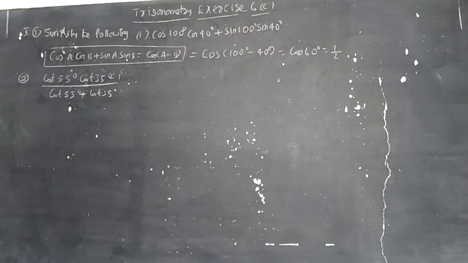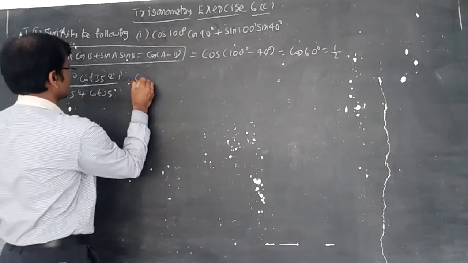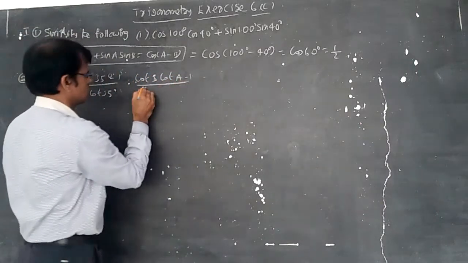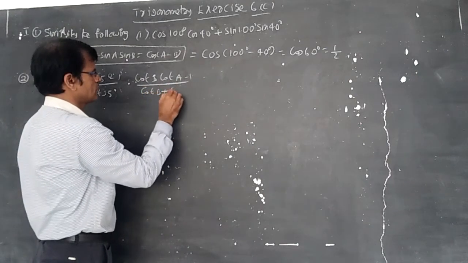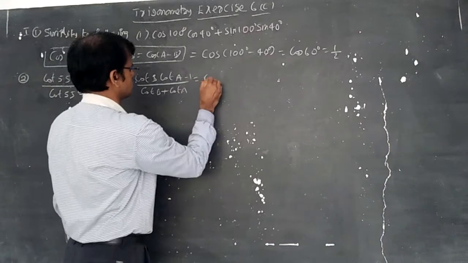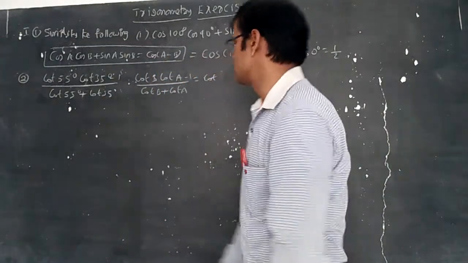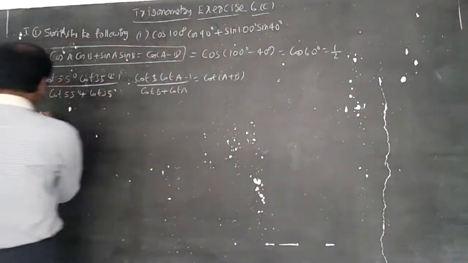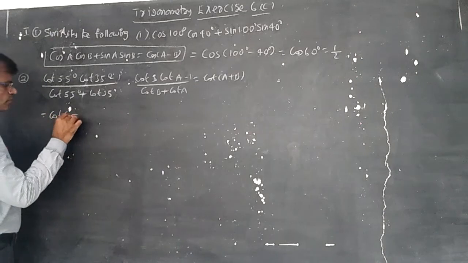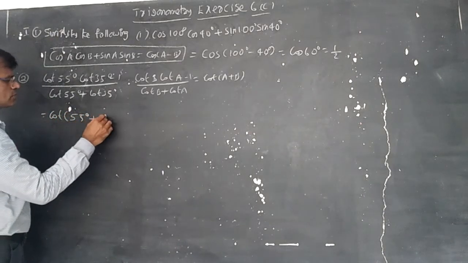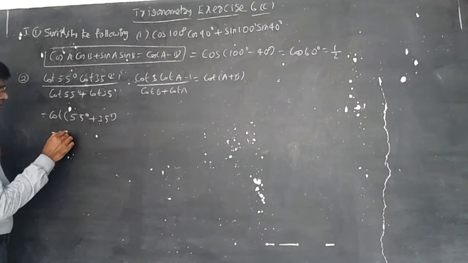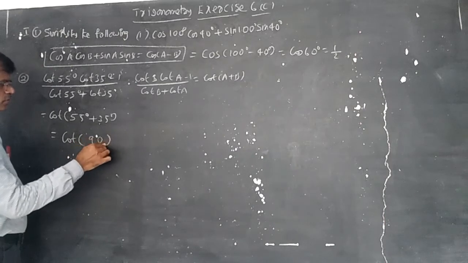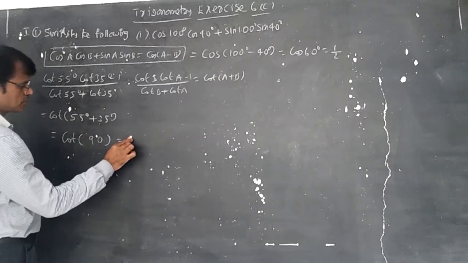Use the formula cot B cot A minus 1 by cot B plus cot A. These are compound angles formula, cot of A plus B. So here A is equal to 55 and B is equal to 35. So cot of 55 plus 35, so cot 90. Cot 90 value is 0.